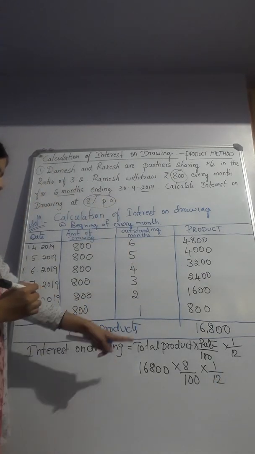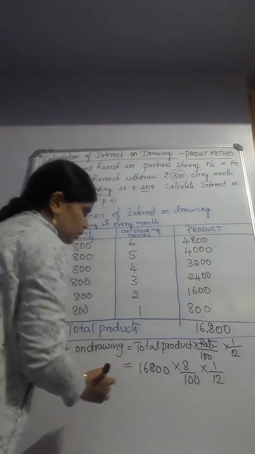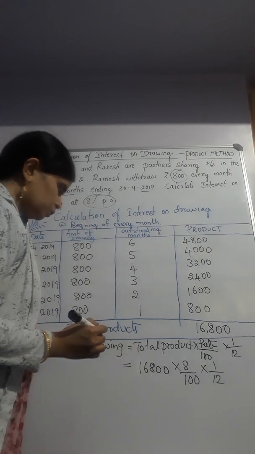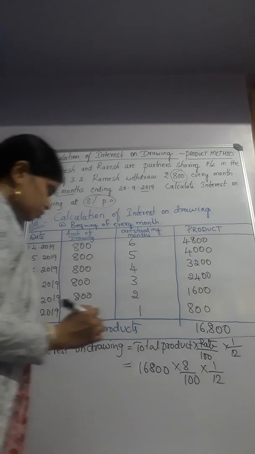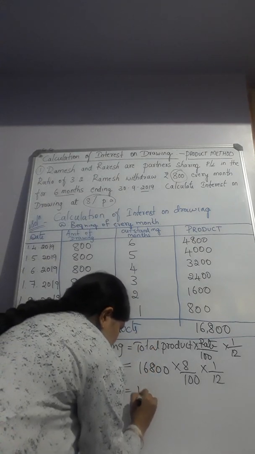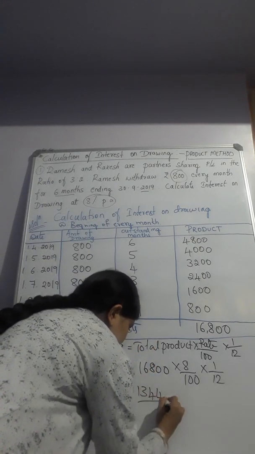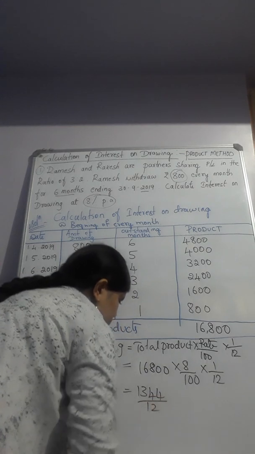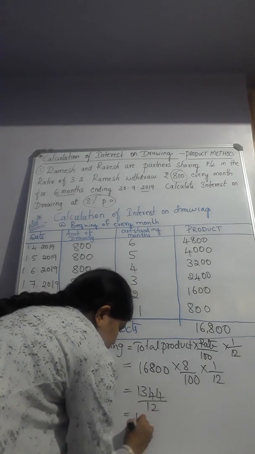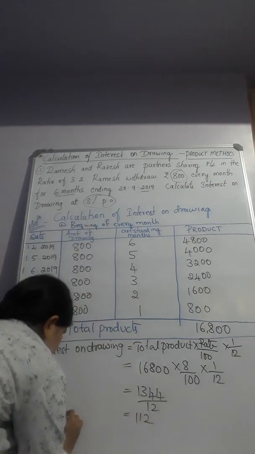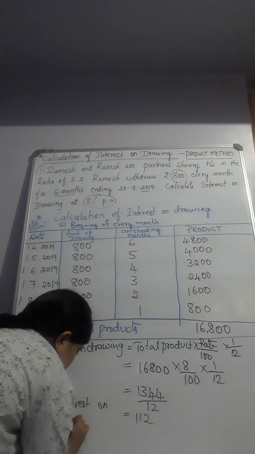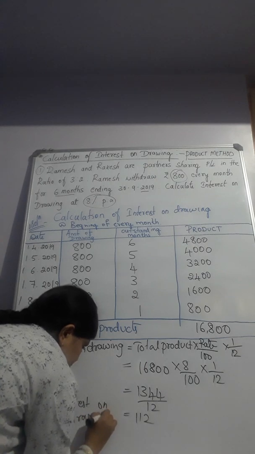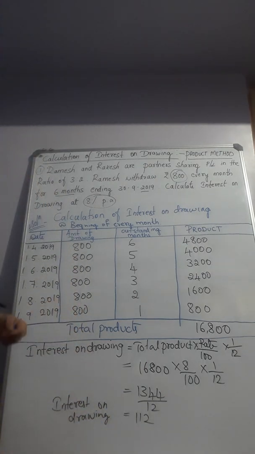You have to calculate this now. 16,800 into 8 divided by 100 into 1 divided by 12. How much will you get? 1,344 divided by 12, that is nothing but 112. Interest on drawing is 112.